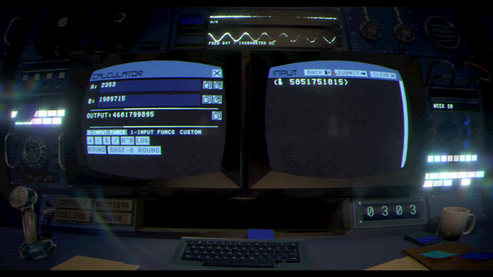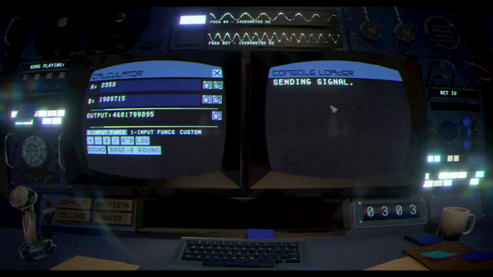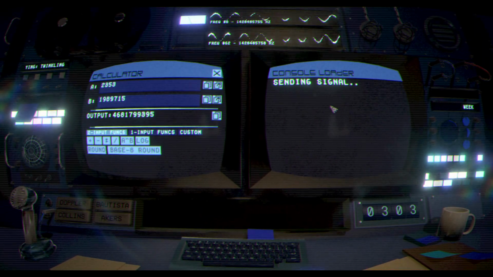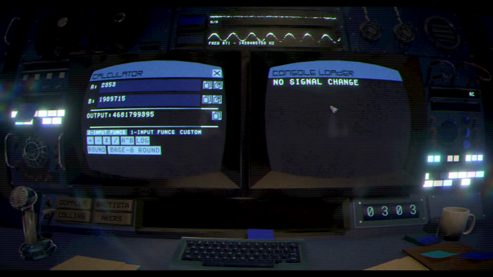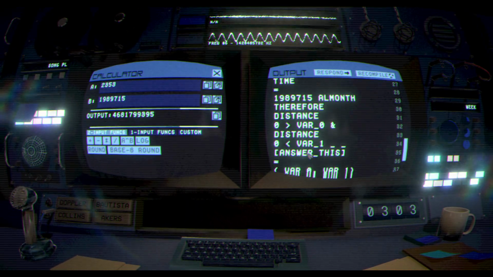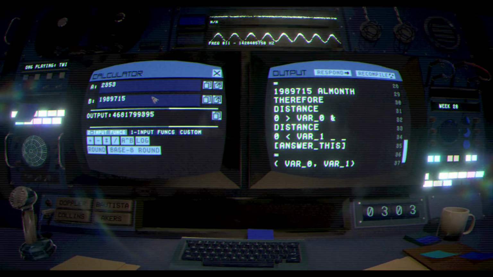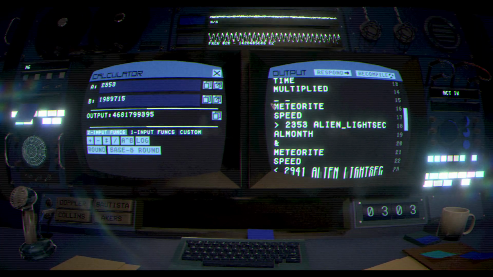So they are much farther than anticipated. 1987 15, 2353.